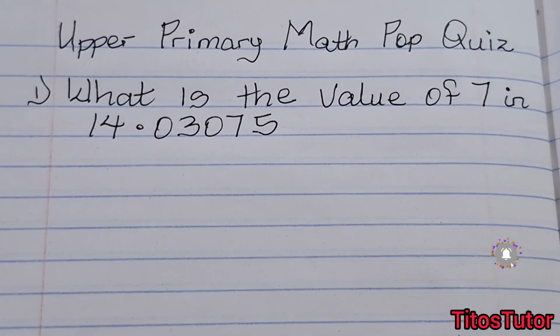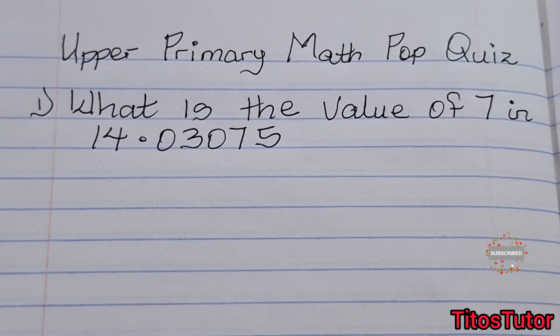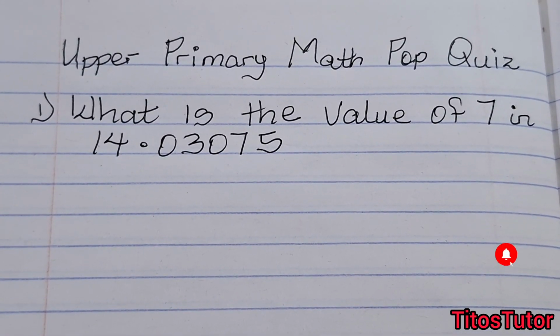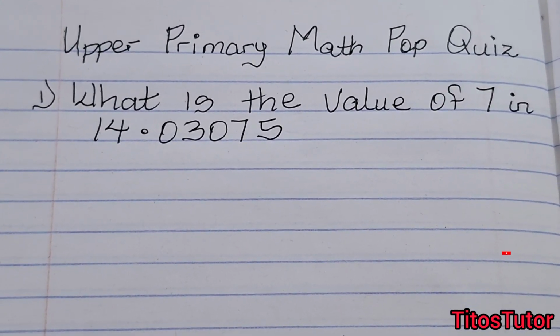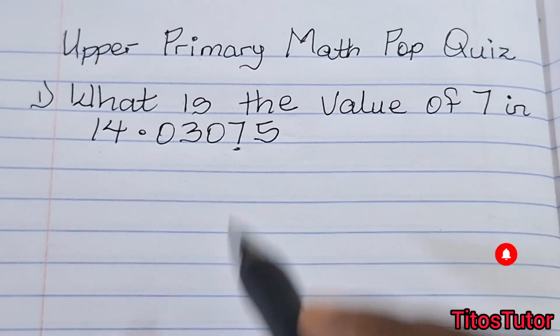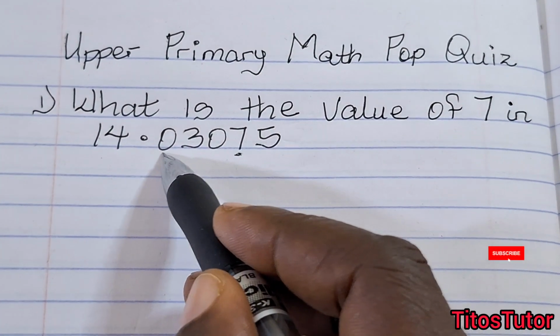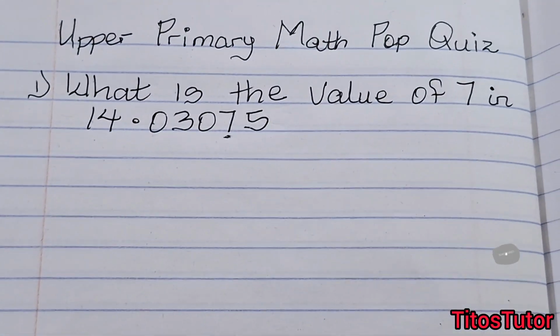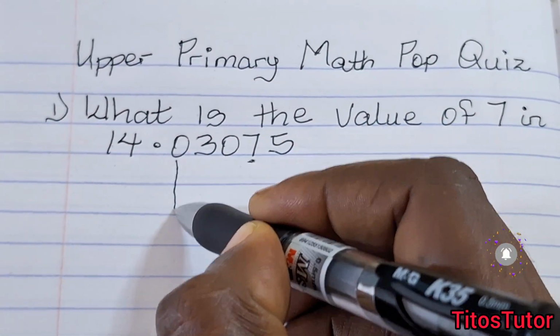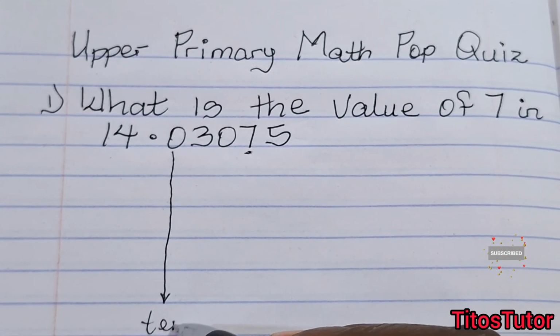First question, what is the value of 7 in 14.03075? To be able to find the place value of 7 and not make any mistake, let's start from the first decimal. Now, the place value of this 0 is tenth.